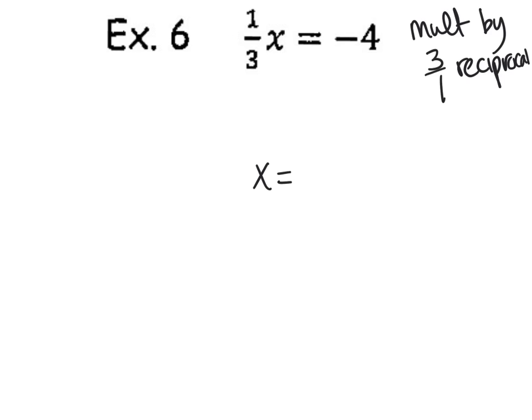Times 3/1. So again, looking at the screen, the 3s cross cancel, the 1s cross cancel, x is alone. -4 times +3 on the right. -12.